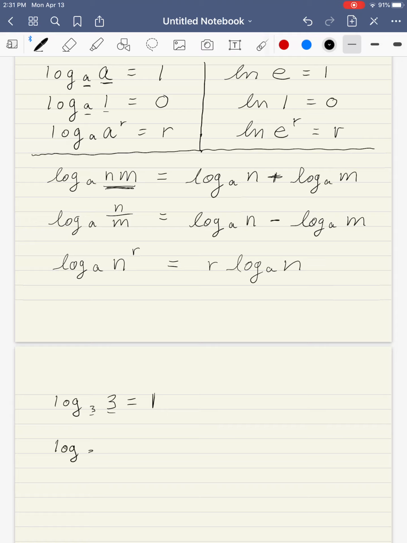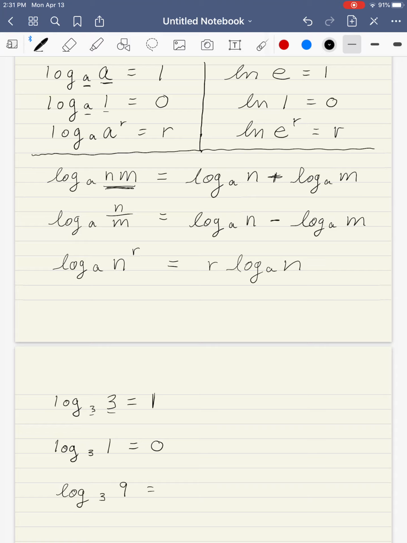That's equal to 1. See if you can do this one. I see that my logarithm base 3 of 1, I'm saying 3 to what power equals 1? And that's equal to 0.